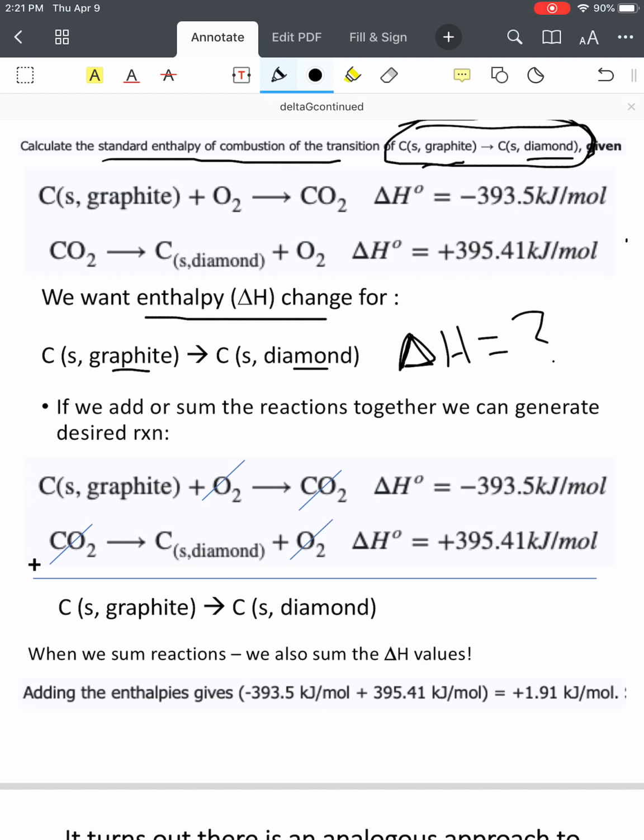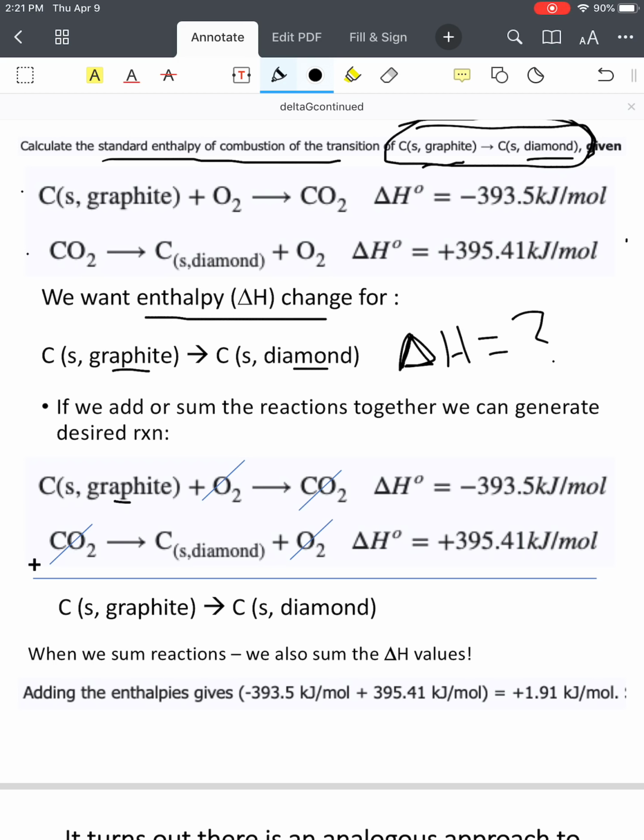Now, if you remember what you did, you basically had to line up these first two equations in a certain way, such that when you sum them together or add them together, you generate the desired reaction. So let's take a look at this. We take the first reaction and we study it. It's graphitic carbon reacting with oxygen to make CO2. The second reaction uses CO2 to make diamond and oxygen.